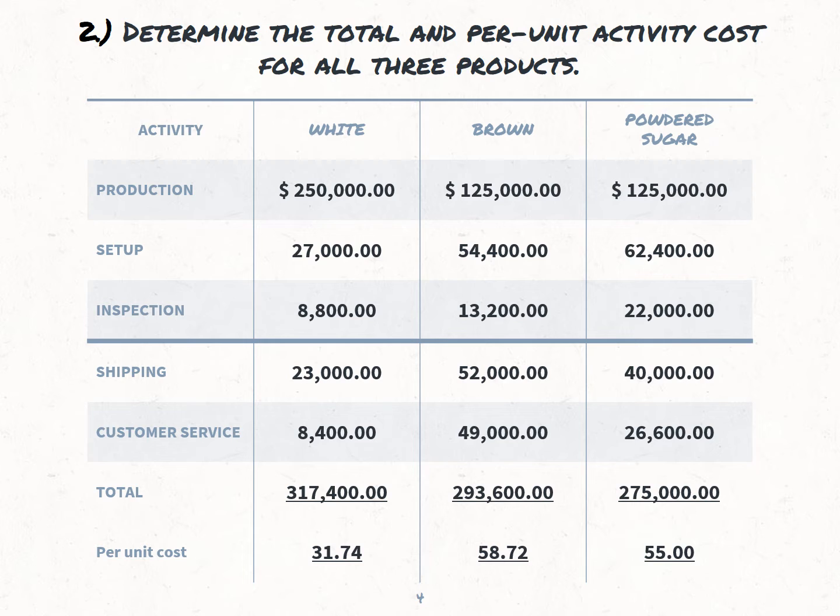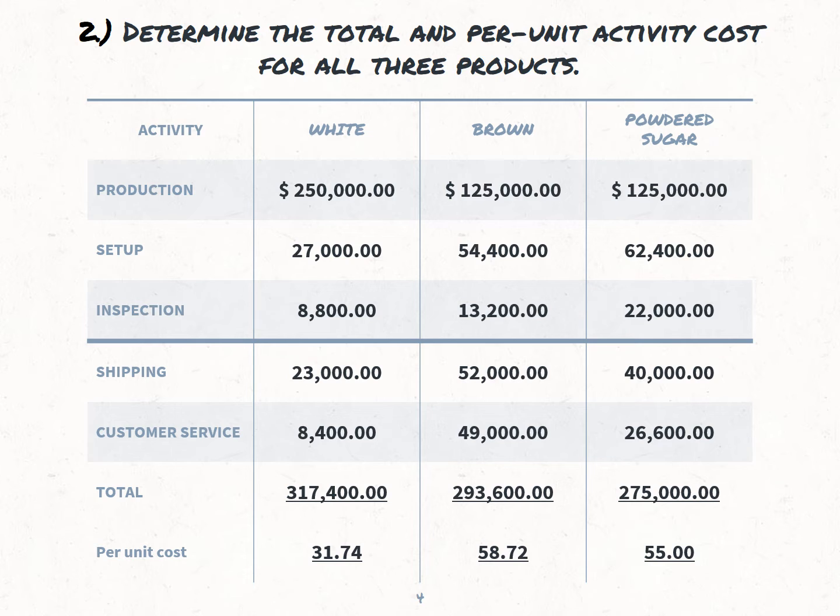For production, we have activity-based usage of machine hours: 5,000 for white sugar, 2,500 for brown sugar, and 2,500 for powdered sugar, a total of 10,000, multiplied by the activity rate of $50 per machine hour. So the total is $250,000 for white sugar, $125,000 for brown sugar, and $125,000 for powdered sugar.